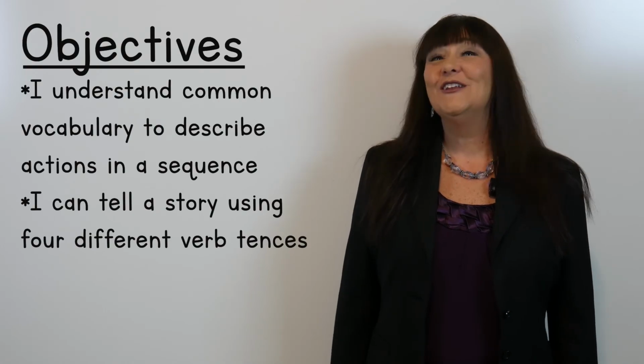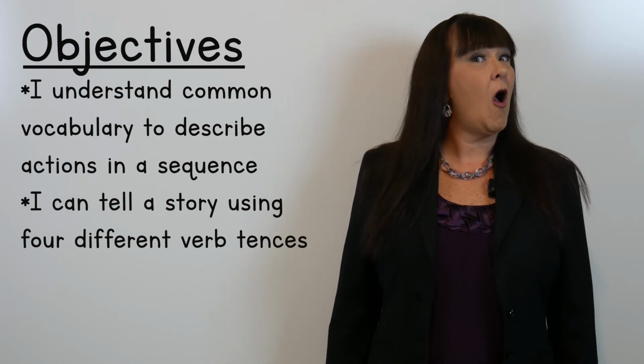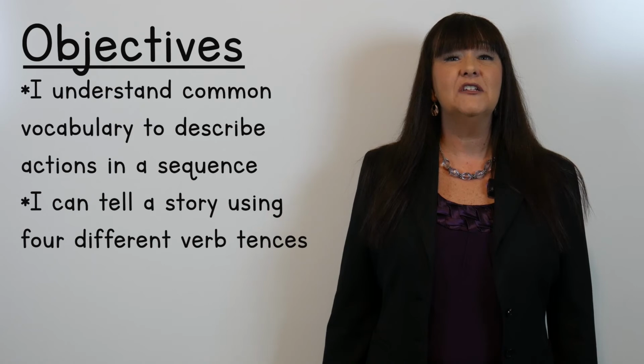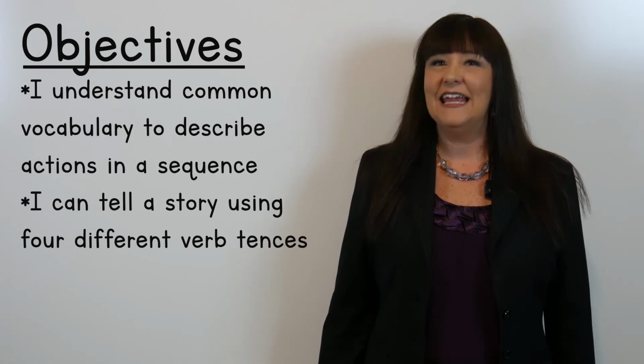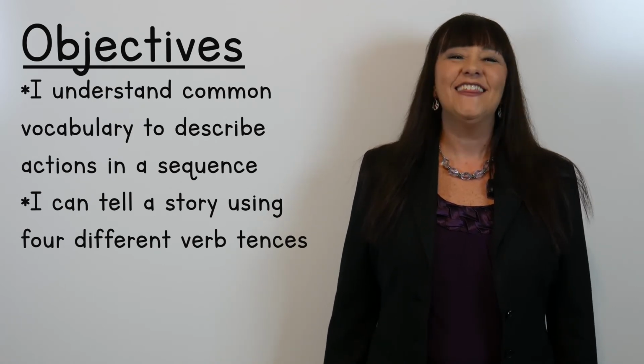So now that we've had some practice telling a story 4 different ways, let's go ahead and look at today's objectives and see how we did. Do you understand common vocabulary to describe actions in a sequence? I think you do.